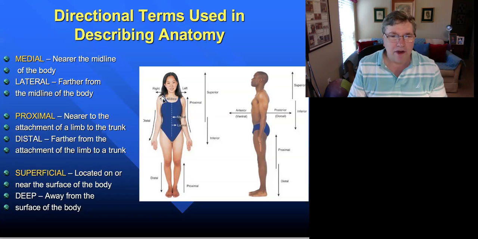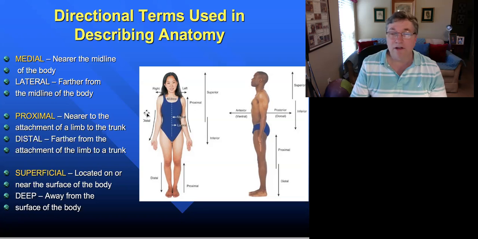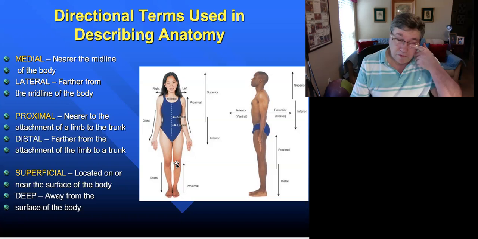The acromioclavicular joint right here, between the acromion process of the scapula and the clavicle, the old AC joint, that is lateral compared with the sternum. Proximal versus distal. This usually has to do with the arms and the legs. And there's specific terms.